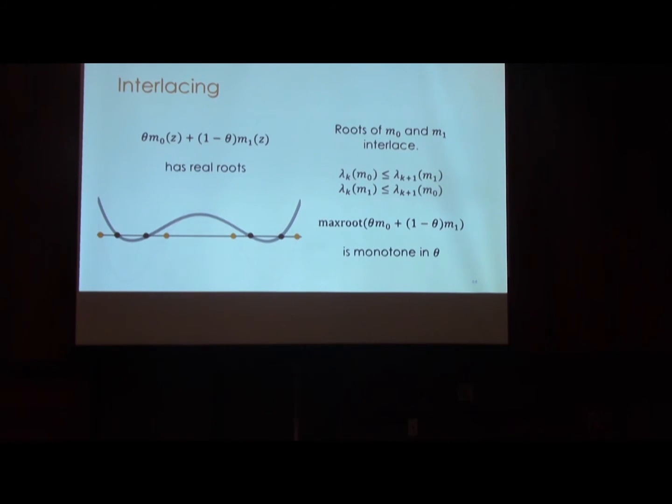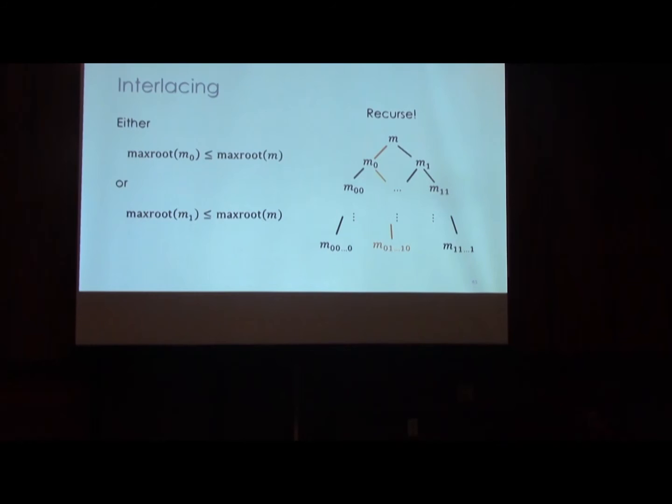So this is how interlacing and real rootedness helps me. It basically proves that either m0 has max root bounded by that of m, or m1 has max root bounded by that of m. And now I can form this recursion tree and do what I was just doing recursively. Remember, to get m0 and m1, you picked an edge, and you conditioned on that edge being inside or outside.